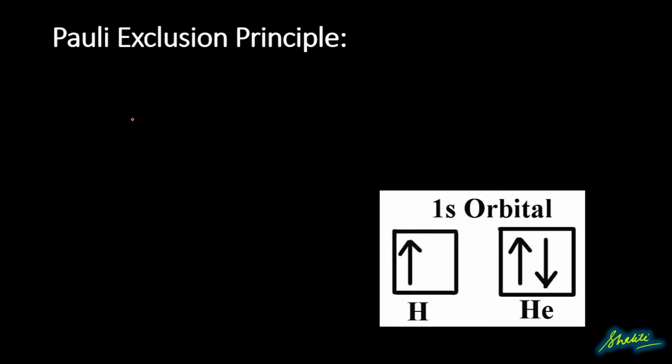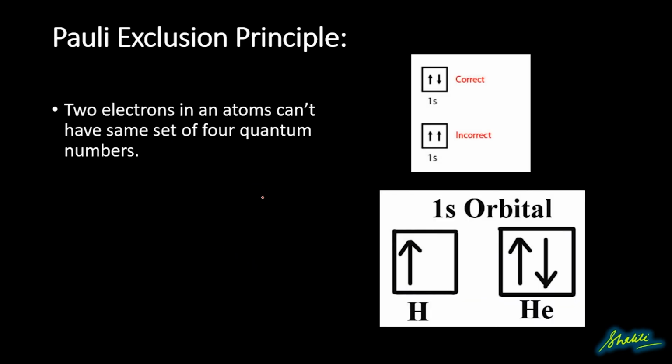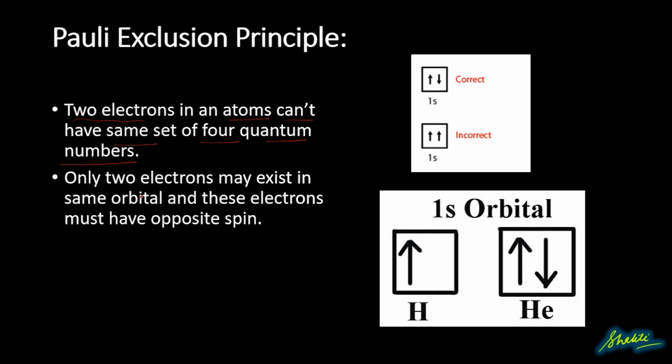First, Pauli's exclusion principle. It says two electrons in an atom can't have the same set of 4 quantum numbers, or only 2 electrons may exist in the same orbital and these electrons must have opposite spins.